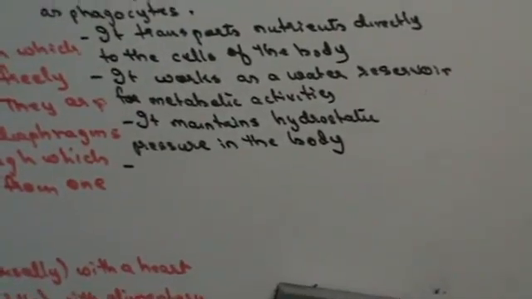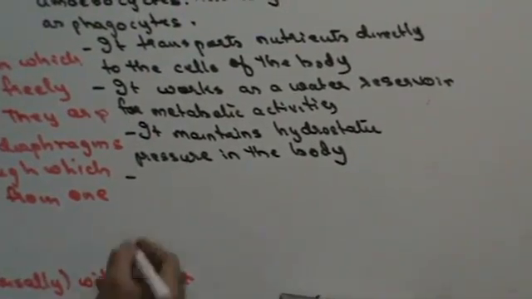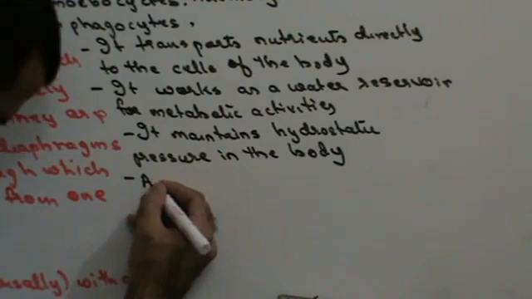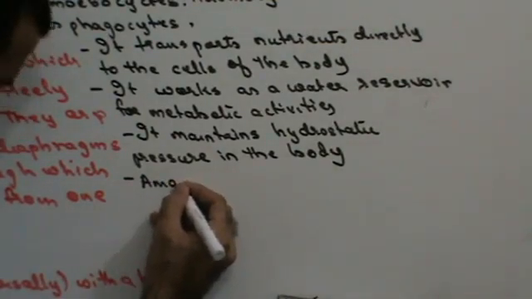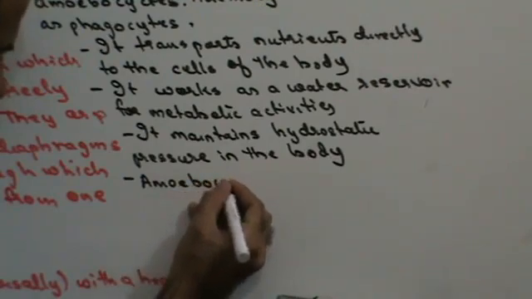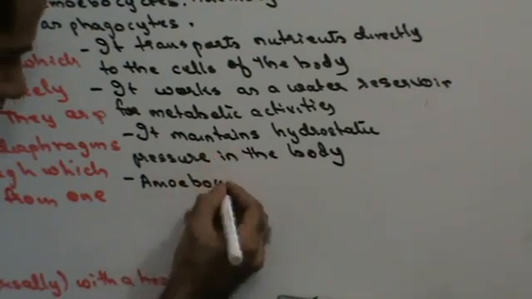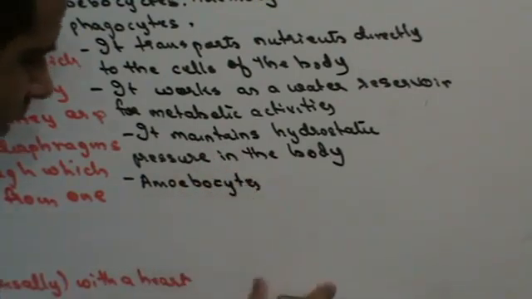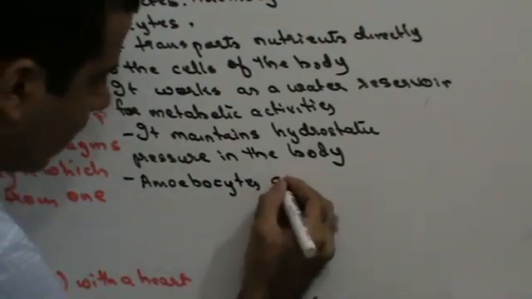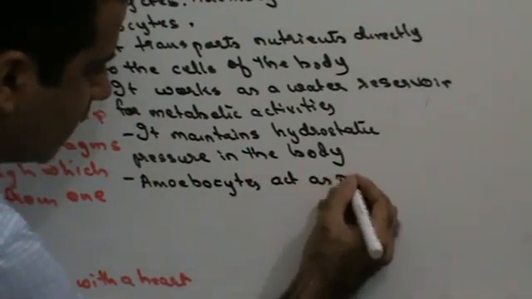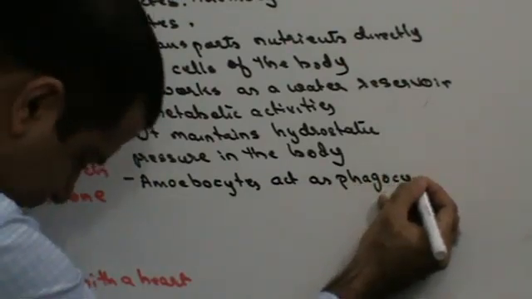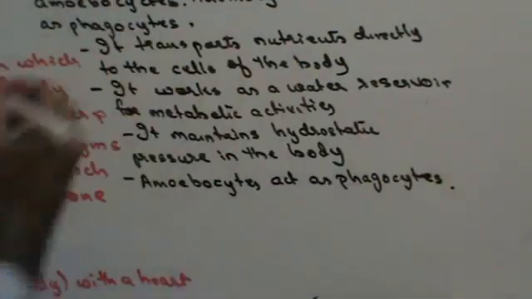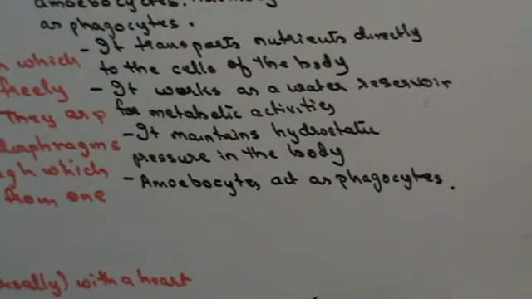And amoebocytes act as phagocytes. So that was about the circulation of cockroach.